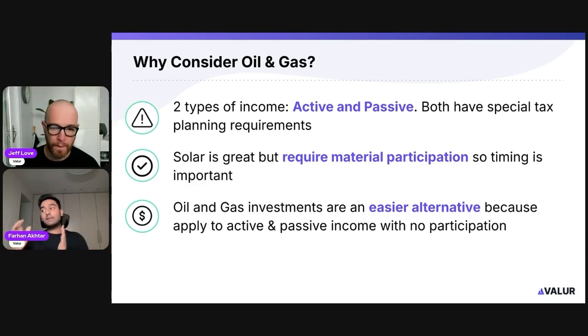Now, assuming the time that we have left in the year, there aren't many options. If you pick solar, you have to put in those hours, and the project has to achieve mechanical completion. There are a few other things. On the oil and gas side, if you have a busy schedule, if you think you cannot get to it, but you still have a high tax bill and you want to do something, then oil and gas is in place to make sure that can be executed in a timely manner.